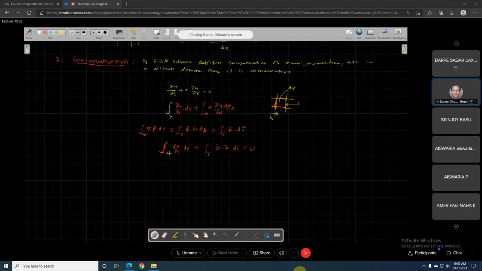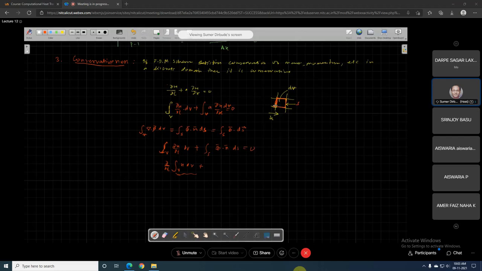Now what do you see here? This is a rate. If the volume is not changing, then you can write this as the rate of change of u dV, which is whatever u is in this volume, the volume averaged velocity, plus the surface integral of phi n dS, whatever is happening at this surface.